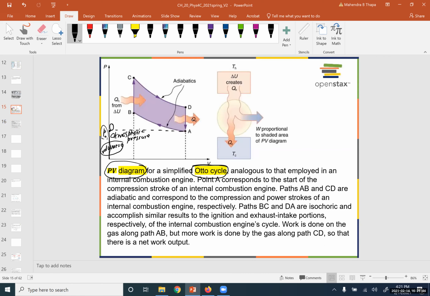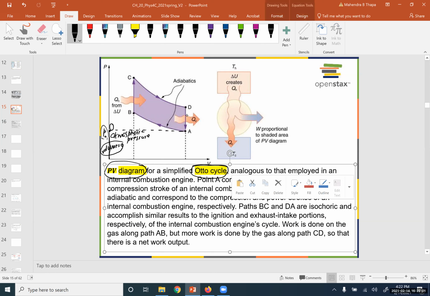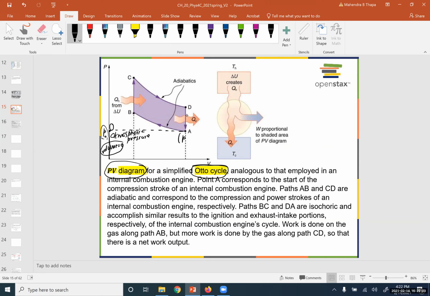At that point, we can say the volume is VA and the pressure is the atmospheric pressure. We can represent this by symbols: pressure is PA, volume is VA, and temperature is TA.